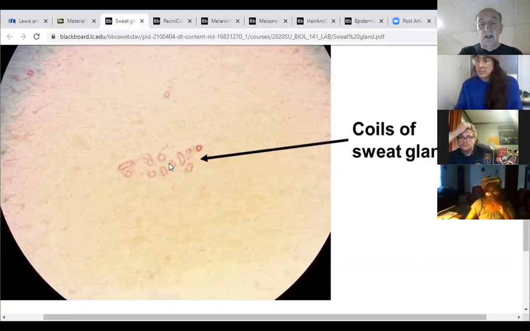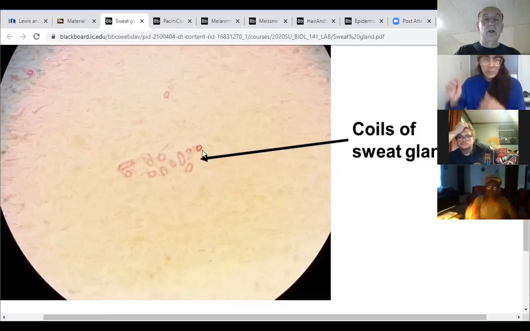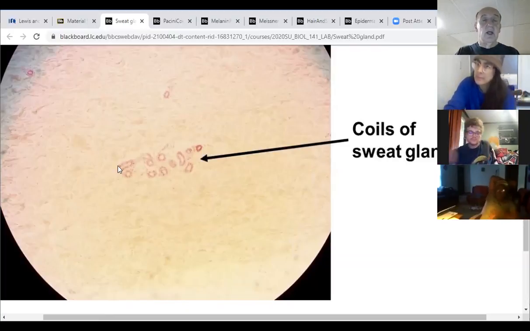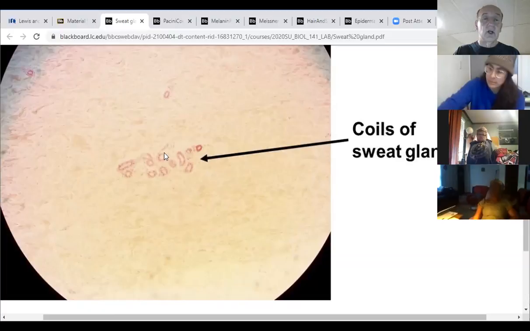We don't know if it's an eccrine or apocrine sweat gland. They all look very similar. At this part of the dermis, we would have to find out where their duct opens, and we just don't see that. So I just want to show this in contrast to the sebaceous gland.